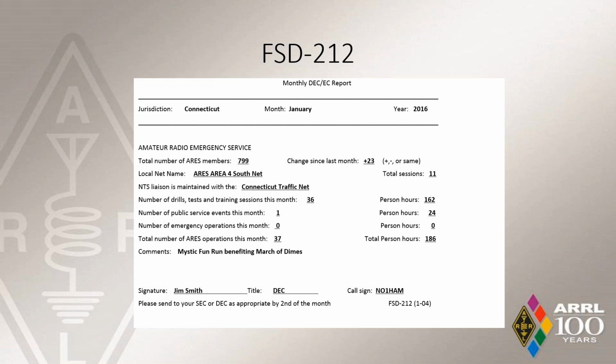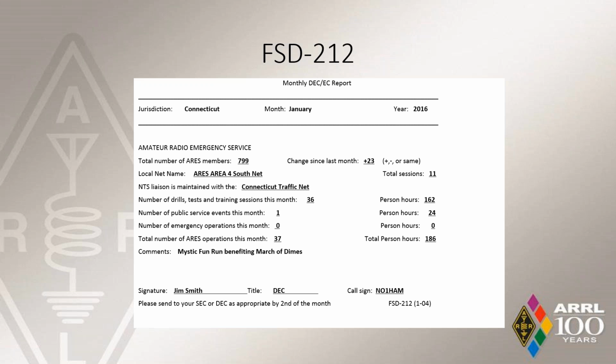Now we've taken that information, the data on number of drills, tests, and training sessions, and as Mike explained earlier, I'm using the same figures as an example. We have 36 drills, and we have a total of 162 person hours for those 36 drills, tests, or training sessions. The number of public service events this month, there was 24 person hours. Well, you get the idea.